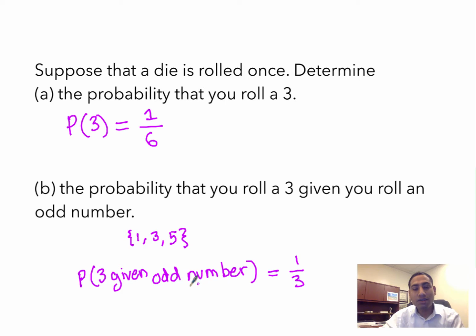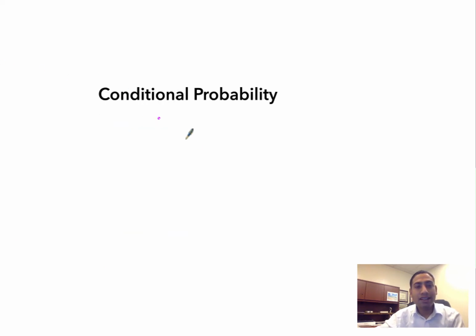You know certain information about the events prior, and then you use that information to find the probability of certain other events. Okay, so now that we have some idea about that, let's talk about conditional probability.